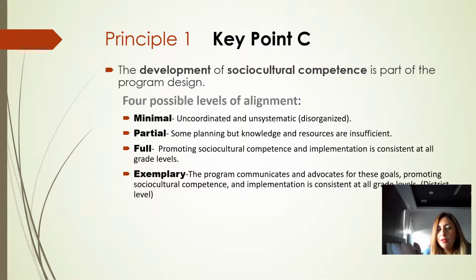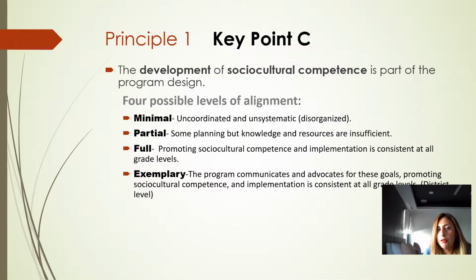Principle 1, Key Point C, refers to the development of sociocultural competence, and it's part of the program design. There are four levels of alignment again. The first one is minimal, if it's an uncoordinated, unsystematic, disorganized program. It's partial if there is some planning but knowledge and resources are insufficient.